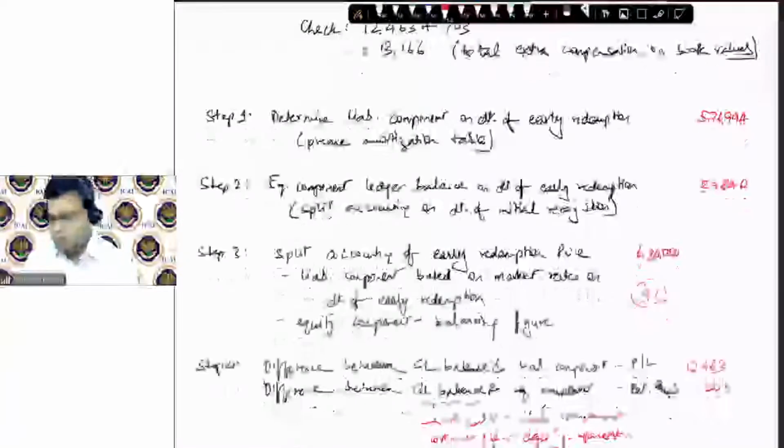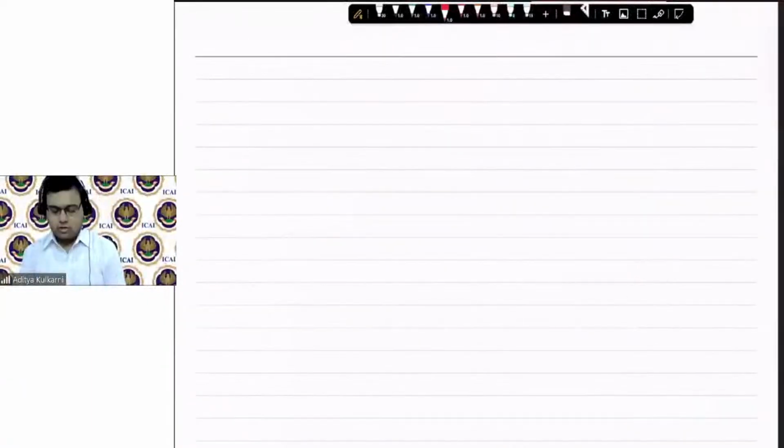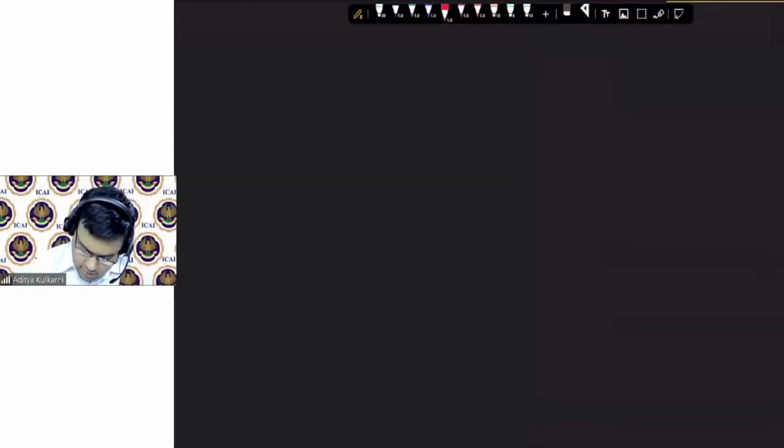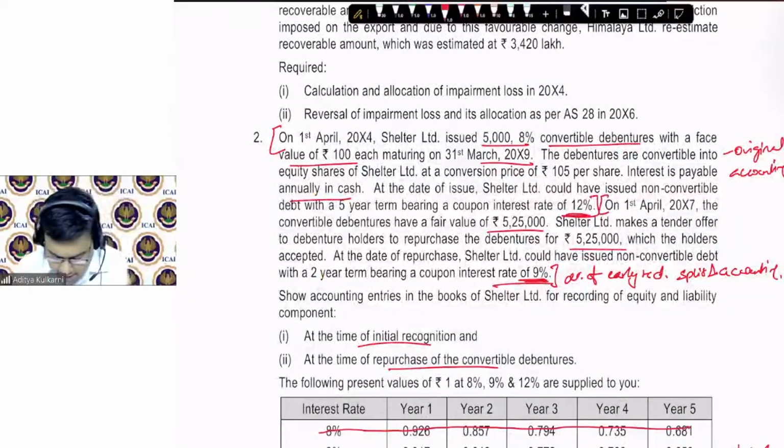So what we will do is we will quickly solve this one question, and then we shall proceed further. Let us read the question. On 1st April X4, Shelter issued 5,000 8% convertible debentures with a face value of rupees 100. So 5,000 into 100, that means the issue proceeds or issue price is 5 lakhs.